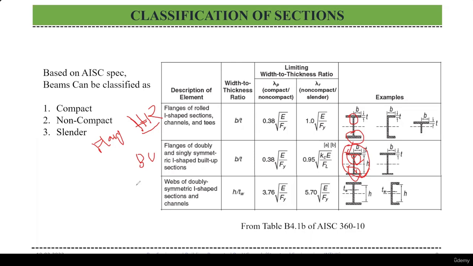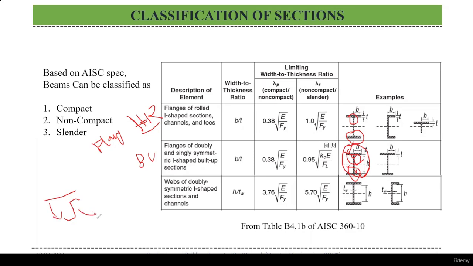The cold formed section is also made by taking a plate, which can be bent, and they form a separate shape. Suppose a flat plate is here like this, they will bend it by using some machine to form a shape like a purlin or a gutter like this.